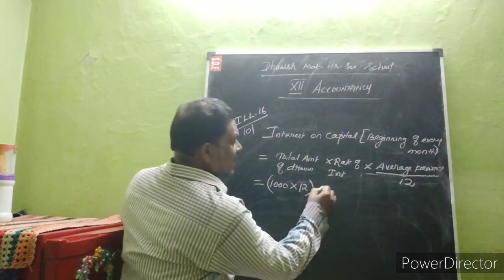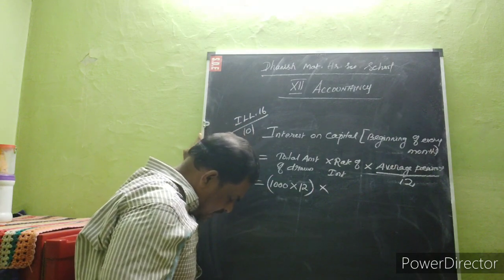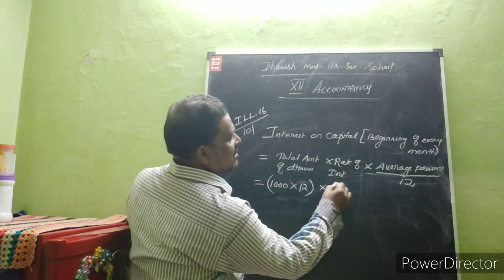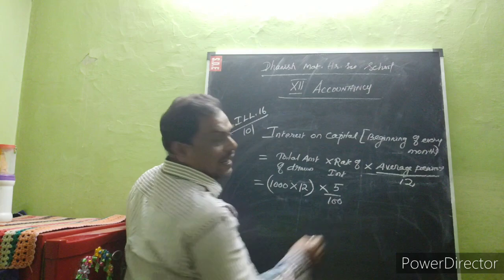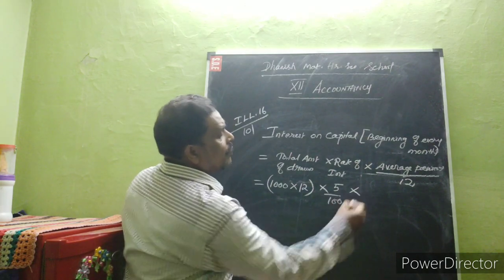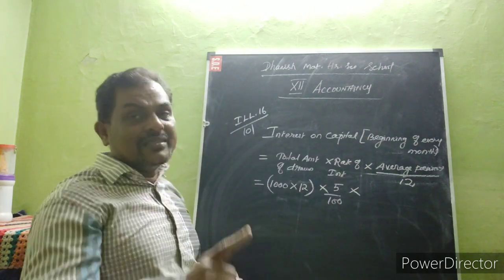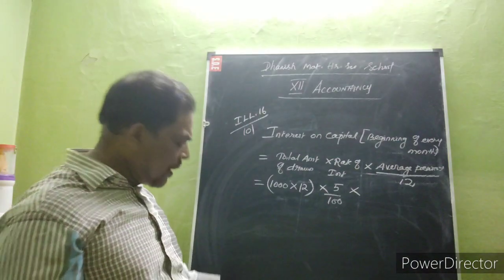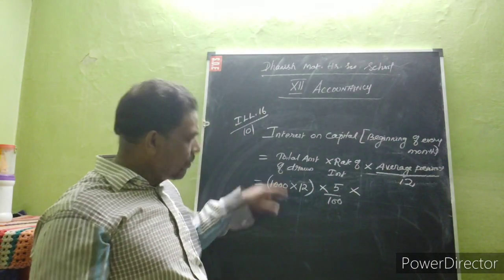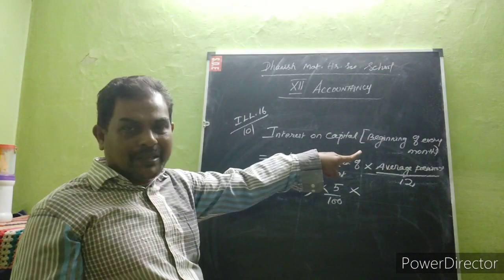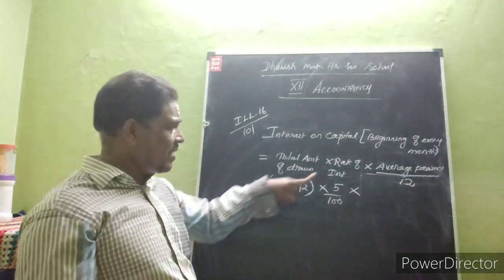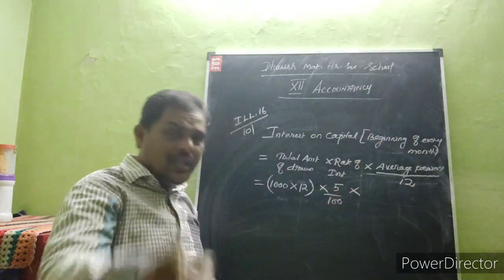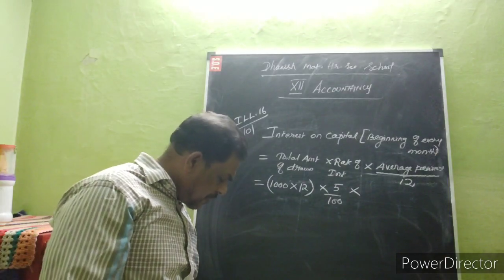Into what is the rate of interest? Rate of interest he has given 5%. That is 5 divided by 100 into average period. Please see the tabular column. In the tabular column, for monthly basis, because he is taking on a monthly basis, beginning of every month, see the column for beginning of every month.